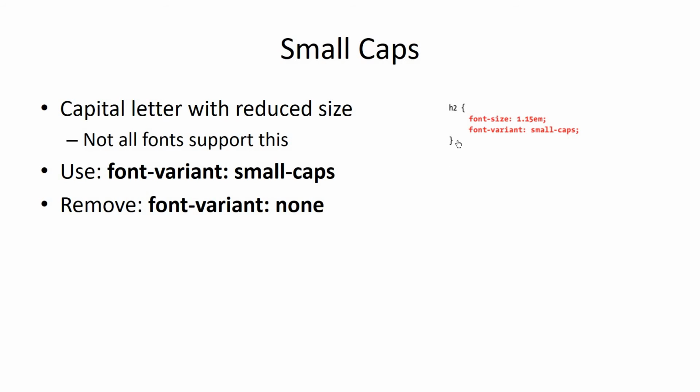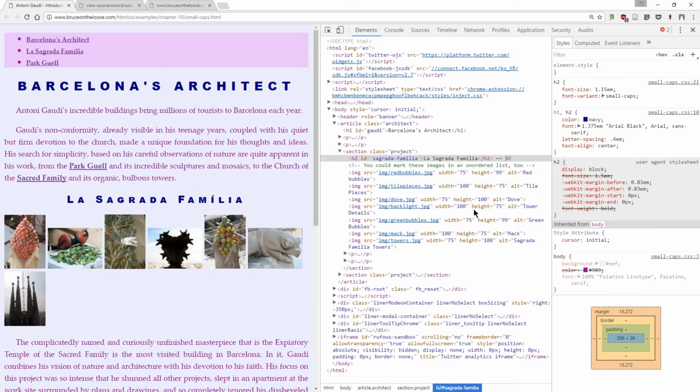So here is an example that applies to H2. Here we set the font variant to small caps. If we have a look at the example, that's the page. If we select an H2 element here, you can see the font variant is small caps. If I untick it, you can see it goes back to default.